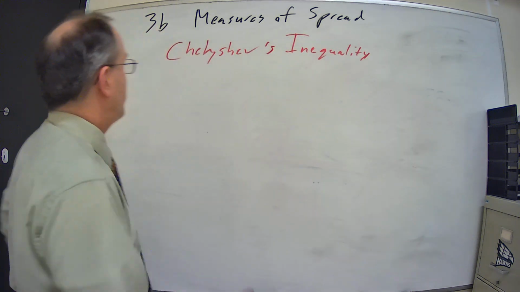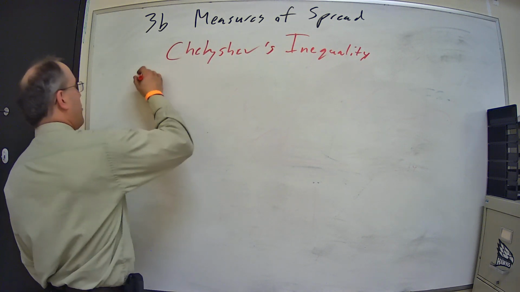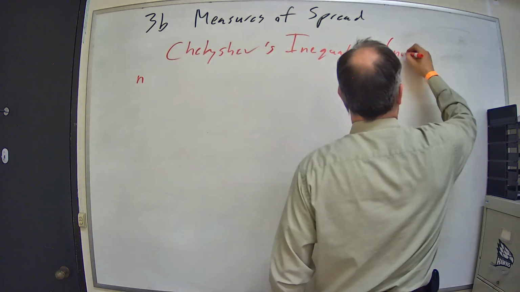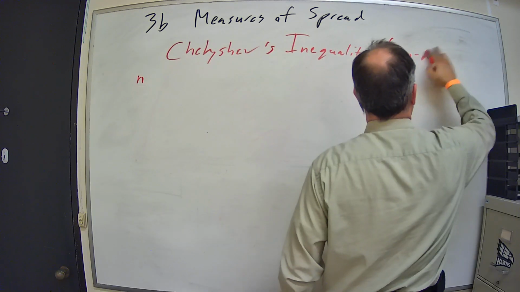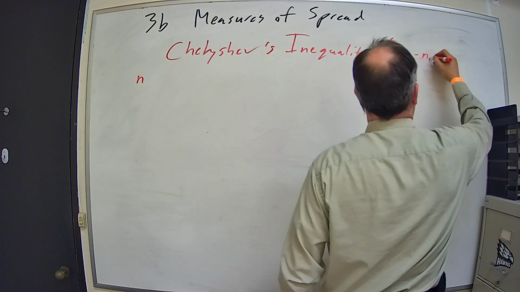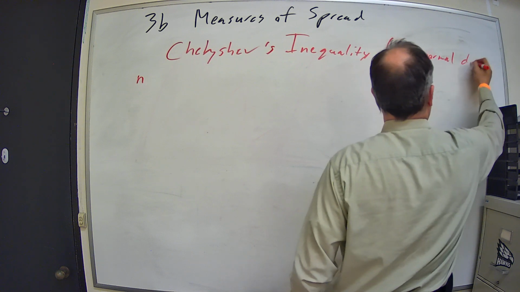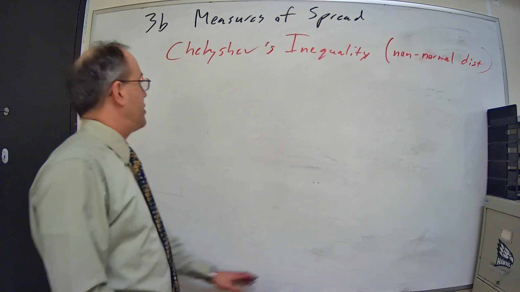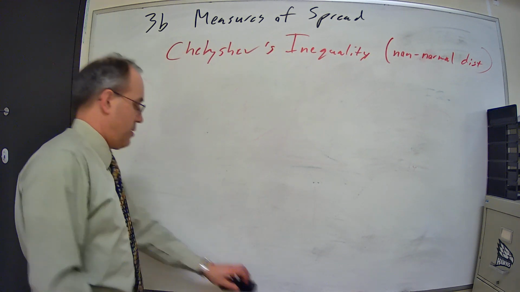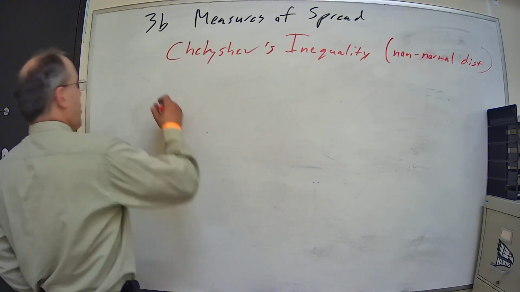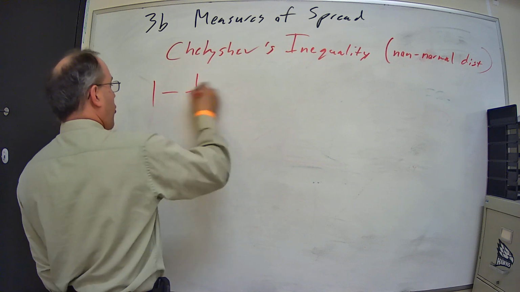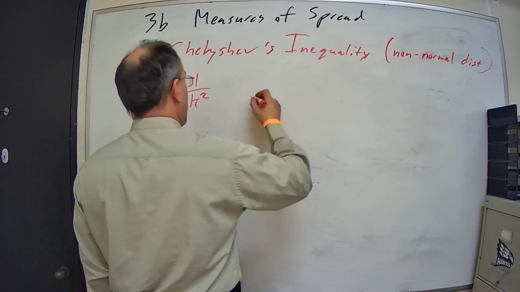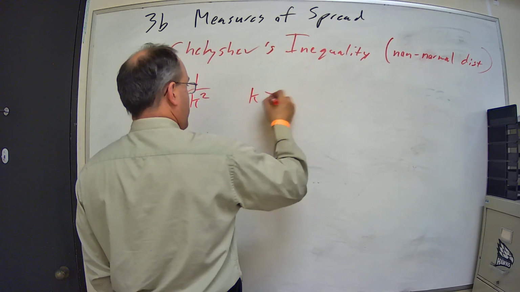And to do this, so this is for a non-normal distribution. Let me just clarify that. I'll put that over here. So this is for a non-normal distribution. He said 1 minus 1 over k squared, where k is greater than 1.